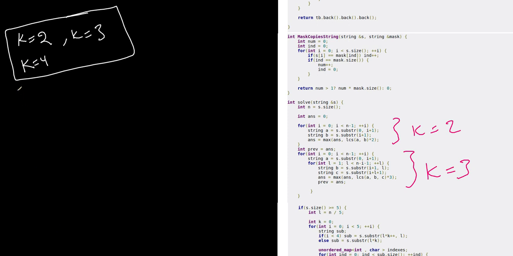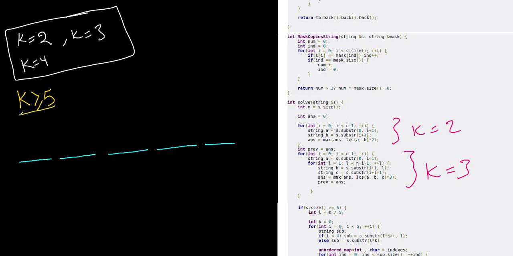Now we need to solve for k greater than or equal to 5. To do that, we need to split our string into 5 equal parts. Equal means the same length. The last one possibly has less length than the previous 4, but these 4 are of equal length.